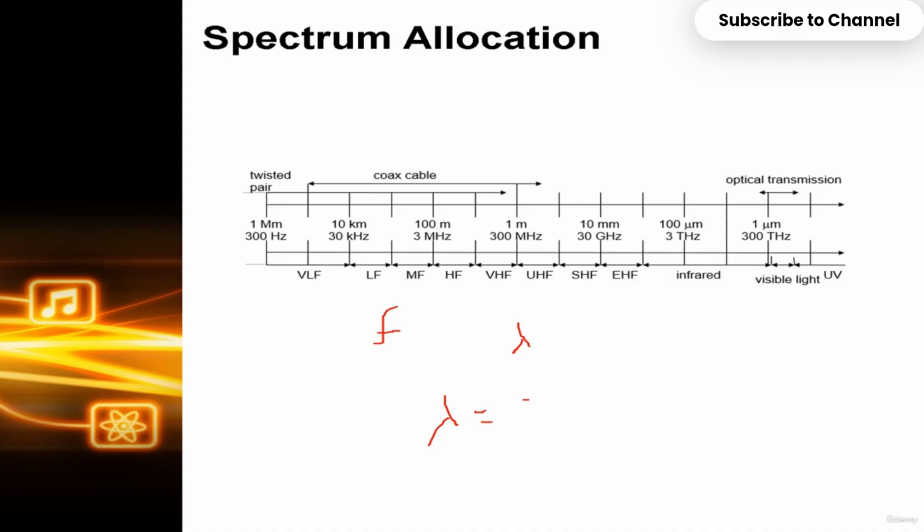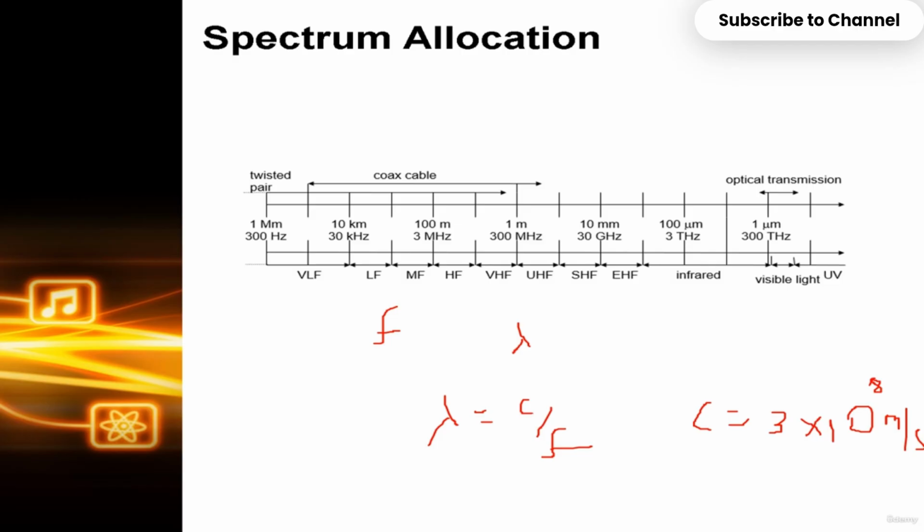So what is c? c is the speed of light, a constant value of 3 × 10^8 meters per second.